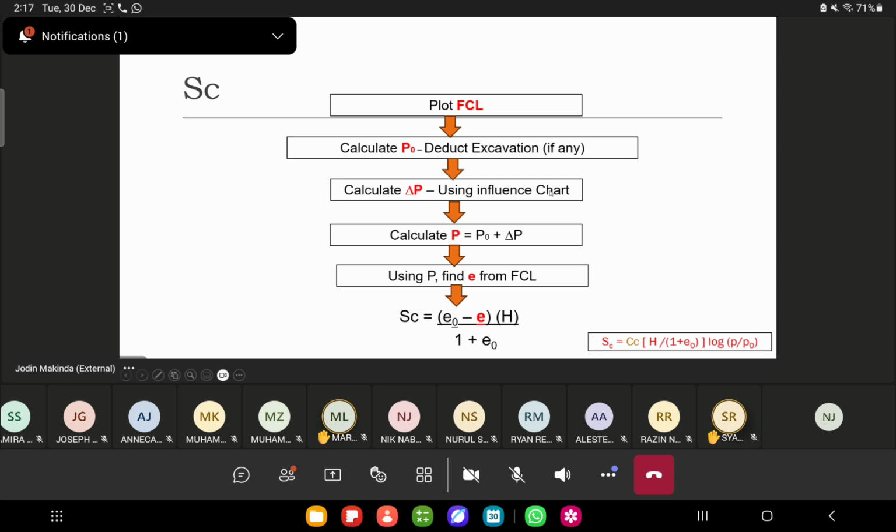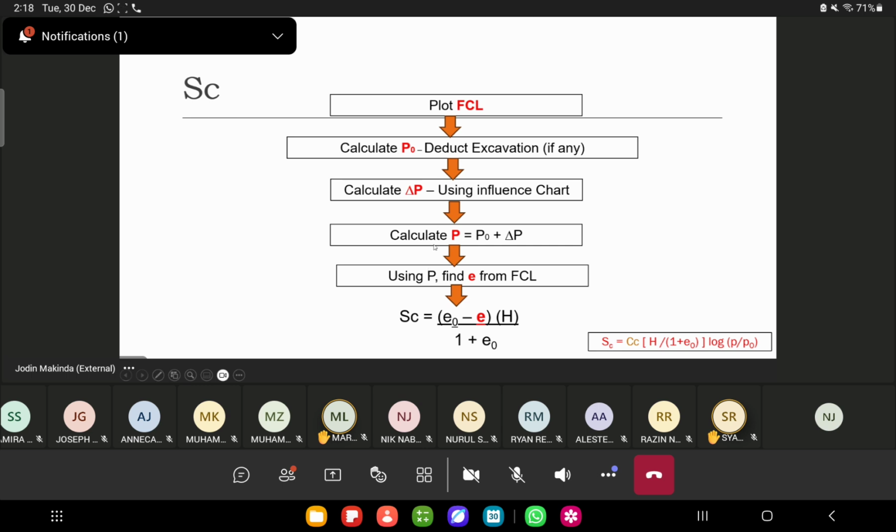So the steps are similar. Plot the FCL; in this case, the FCL is not needed. Calculate the effective overburden pressure, the current pressure. Check if any deduction is needed. If deduction is needed, then calculate the additional stress using the influence chart.